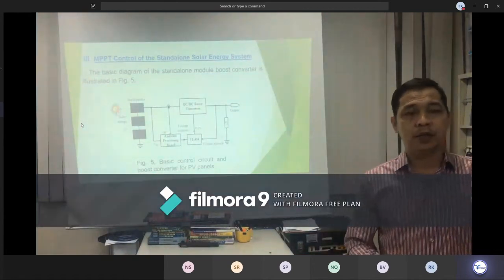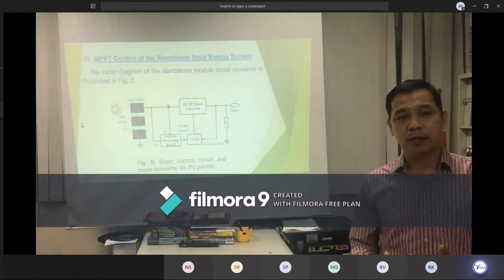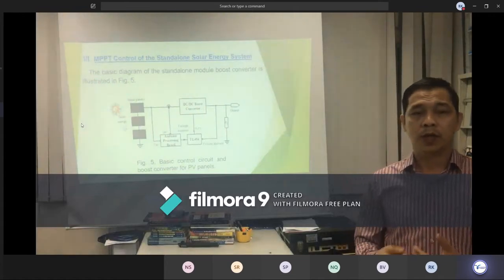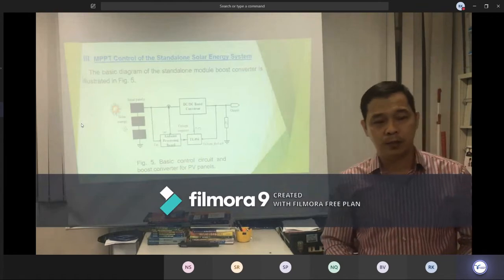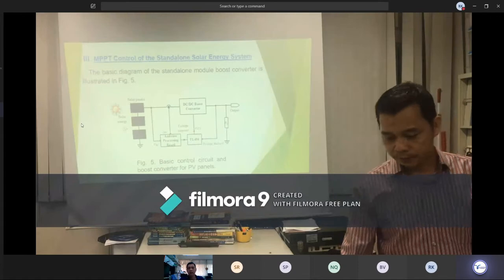The change of the compared signal will change the duty ratio to control the DC-DC boost converter.